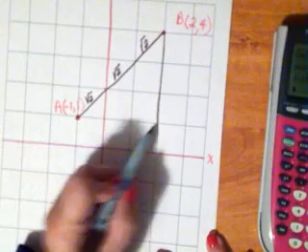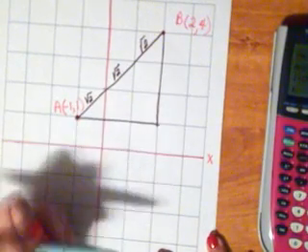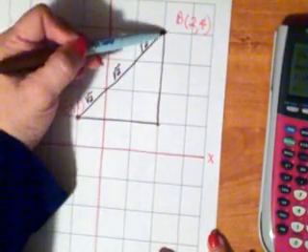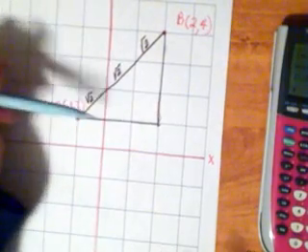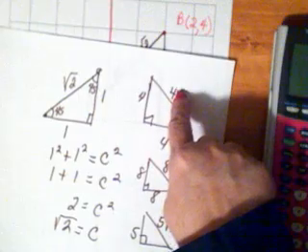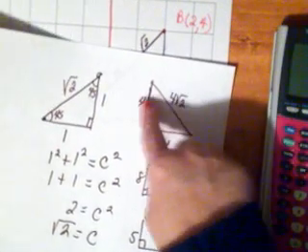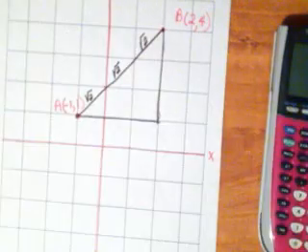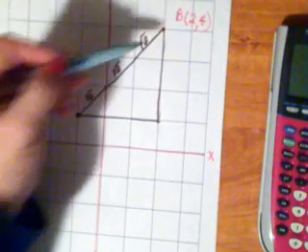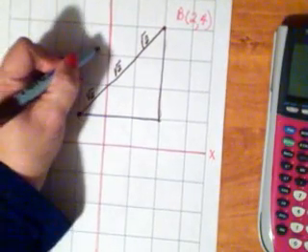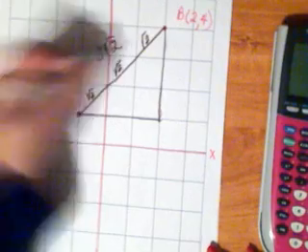If I were to make a big triangle here like this, I have 3 here and 3 here. So then that means that my hypotenuse would just be this number with the square root of 2. So square root of 2, square root of 2, square root of 2 is 3 square root of 2.